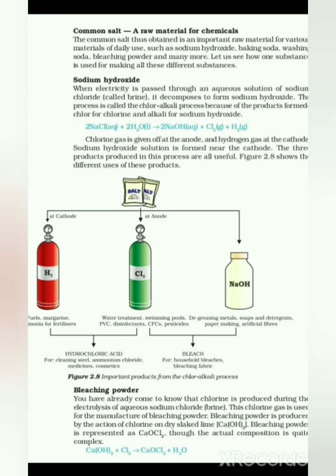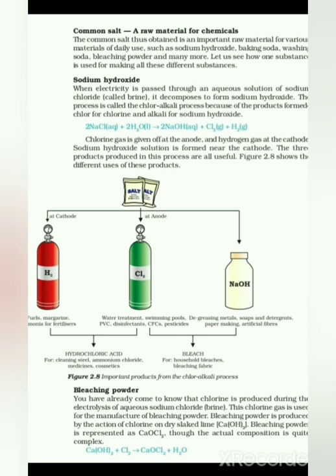Bleaching powder is represented as CaOCl2, that is calcium hypochlorite or calcium oxychloride. What is the chemical name of bleaching powder? Calcium hypochlorite or calcium oxychloride. How is it formed? When the chlorine gas reacts with calcium hydroxide, it will form bleaching powder and water.